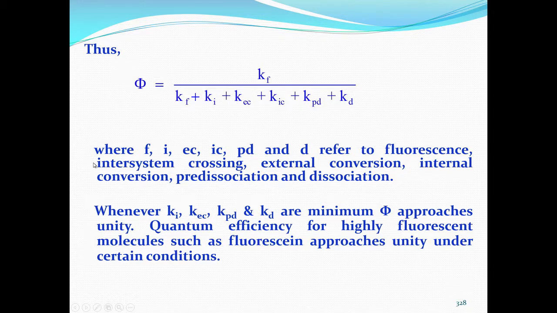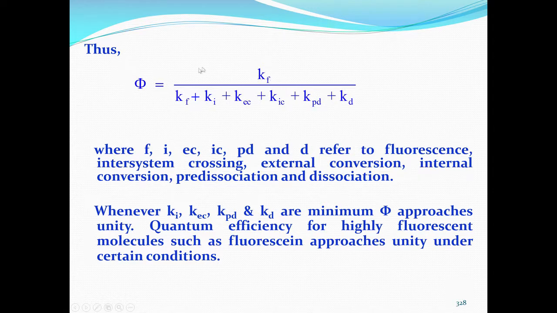Whenever the other terms at the denominator, that is ki, kec, kic, kpd and kd, are kept minimum, phi approaches unity. When all these other denominator terms are kept minimum, that means we can almost equate them to 0. kf by kf should be 1, because ki, kec and all these things we can neglect with respect to kf.